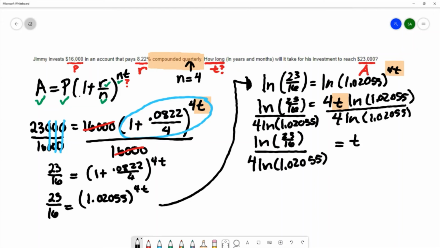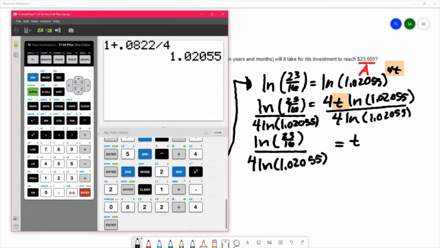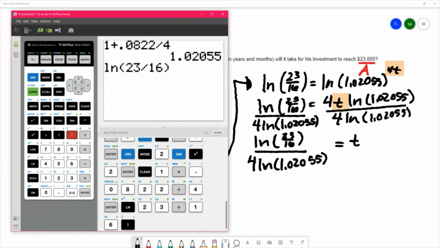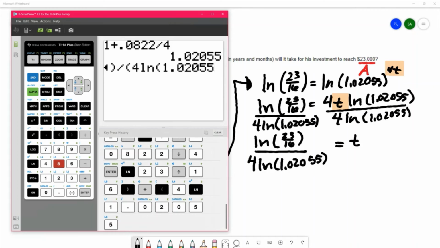Let's bring back the calculator so we can get a decimal approximation for that. That's natural log 23 over 16 divided by, and I have multiple factors in my denominator, so I want to make sure I put parentheses around that. It's 4 natural log of 1.02055, close parentheses for the log, and close parentheses for the denominator.